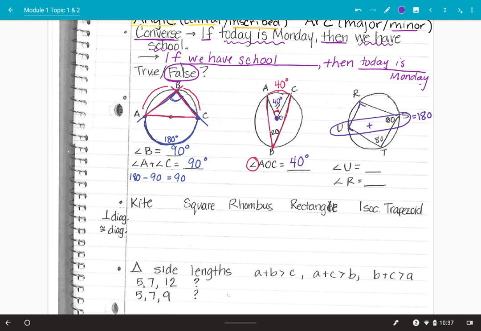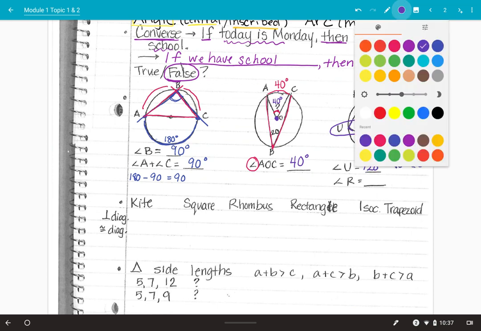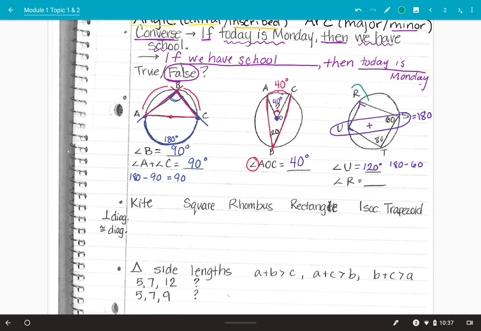So to find U, we're going to go 180 minus 60, and we're going to get 120 degrees. We can do the same thing with the opposite: they add up to equal 180, so 180 minus the 80 here, and this one's going to be 100 degrees. All righty.